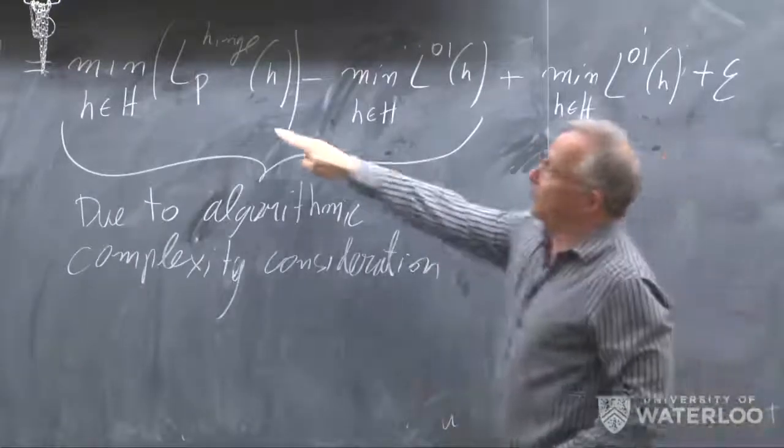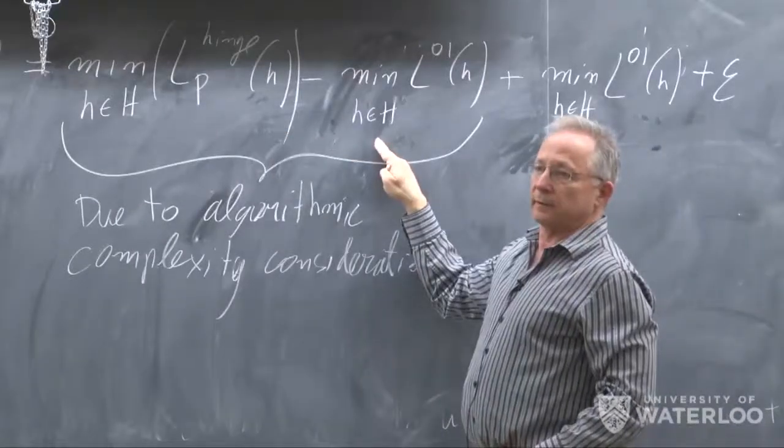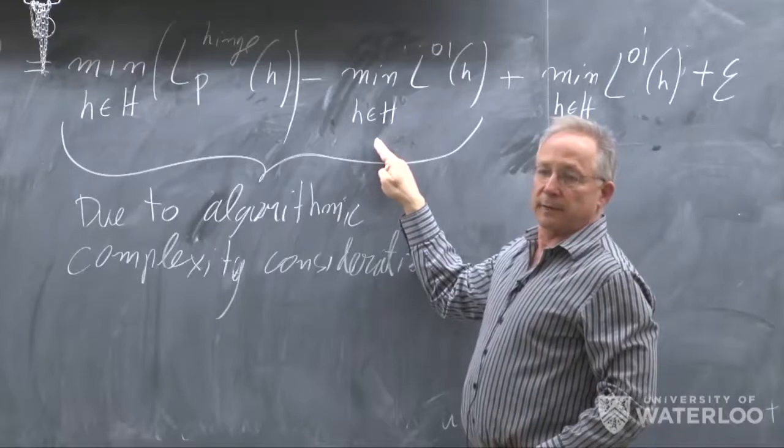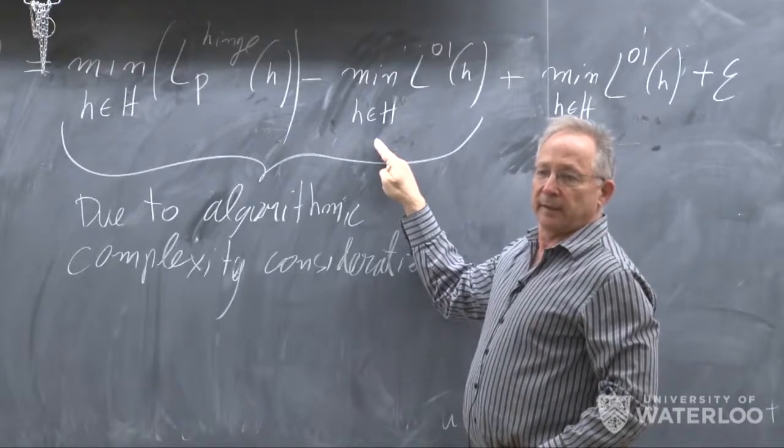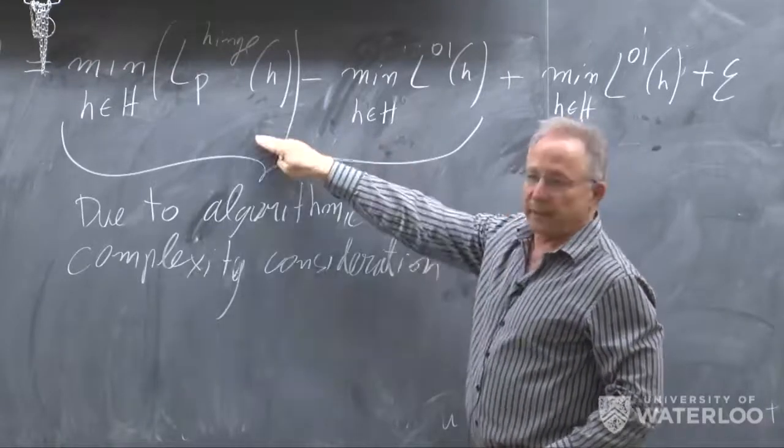And how do I know that this is always positive? Why? Hinge loss is always bigger than the 0-1 loss.